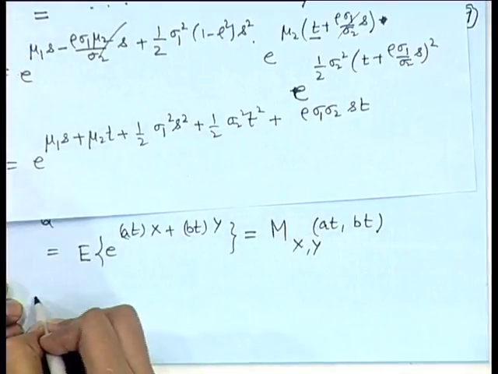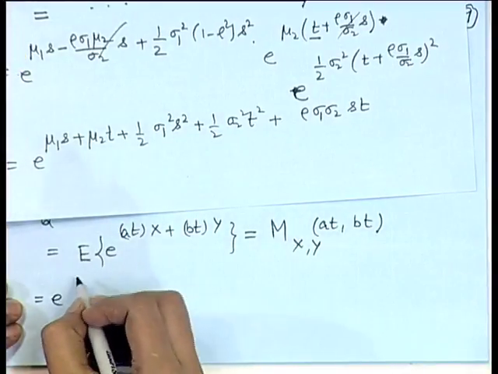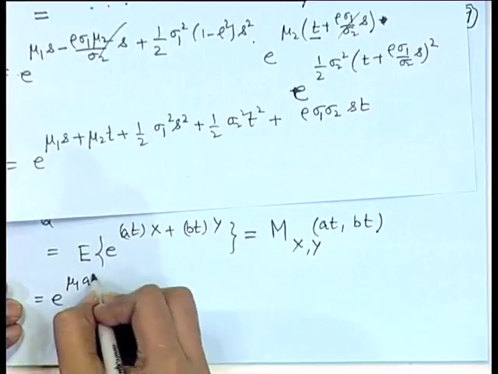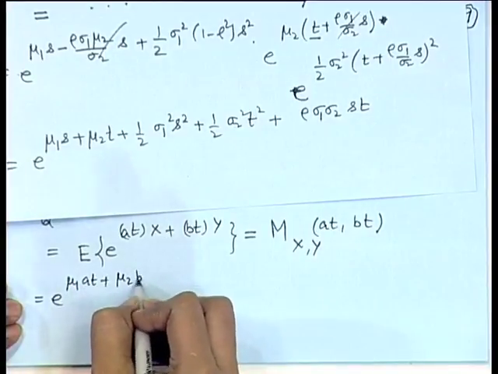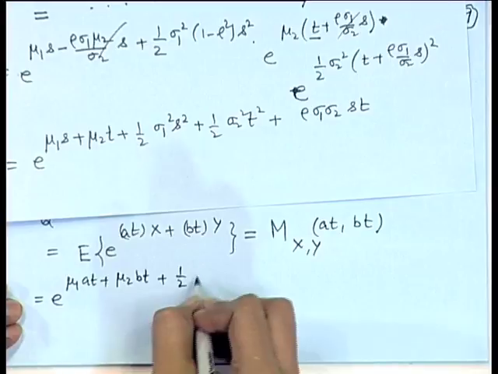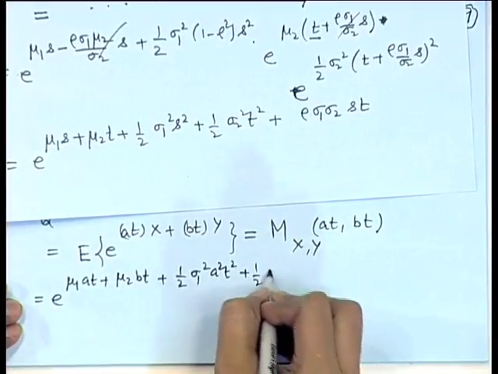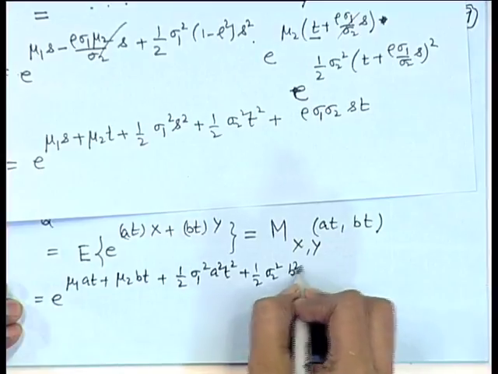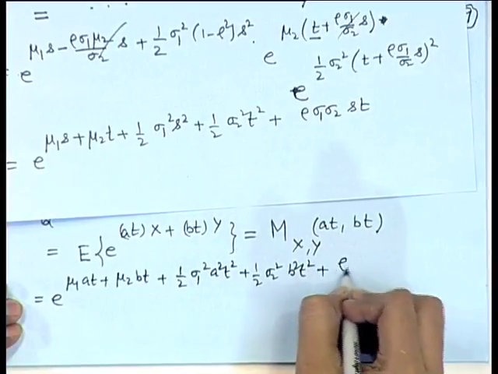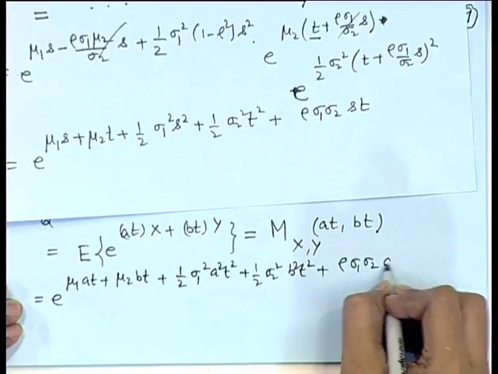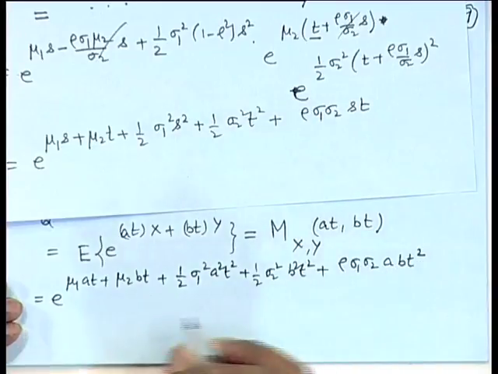So, this becomes e to the power mu 1 a t plus mu 2 b t plus half sigma 1 square a square t square plus half sigma 2 square b square t square plus rho sigma 1 sigma 2 a b t square.